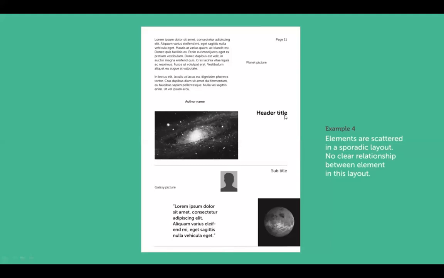This word header title, it is also not connected to any information which is nearer to it. So because this is a picture and this is a header title, you don't have to bring this header title nearer to this picture because they are not related. Okay? Yes. So with proximity, you should be in position to create connections and also disconnect connections.